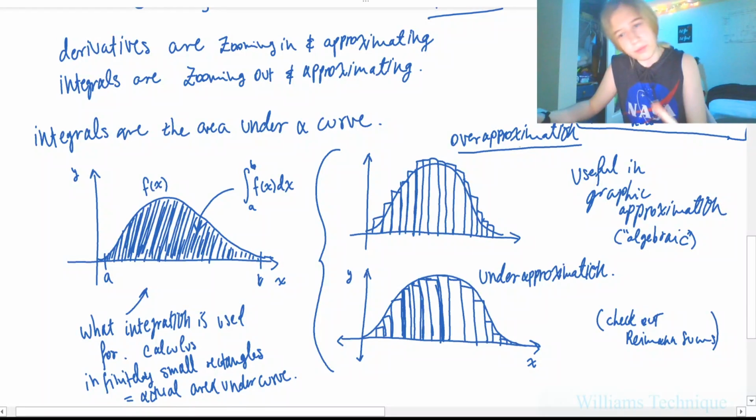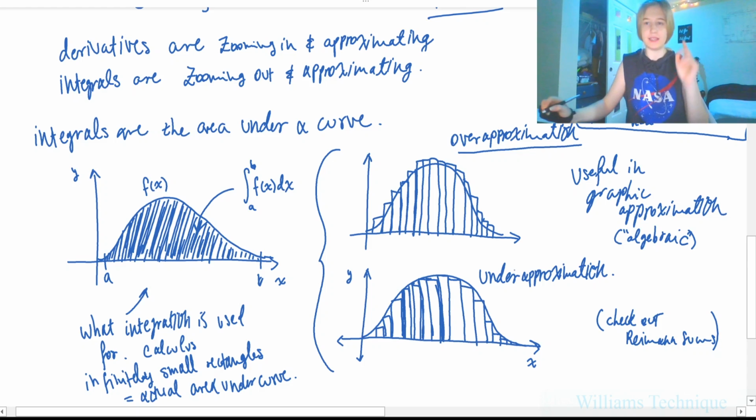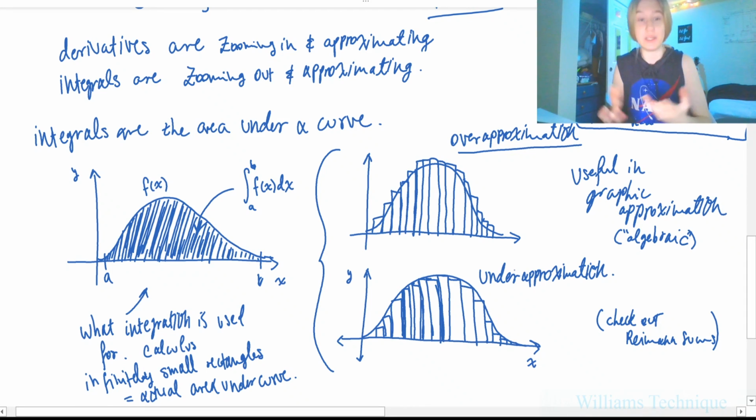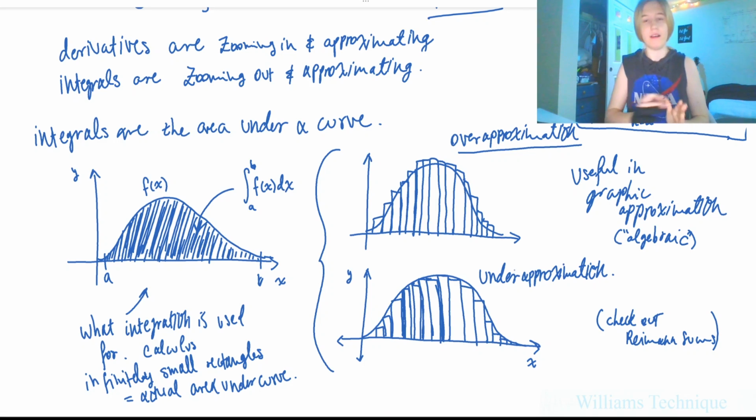But if we take the limit of the sum, we're able to fit infinite amounts of rectangles close together, and that wouldn't approximate the area, it would give you the actual area under the curve, because there are infinite rectangles able to go under the curve and give you the entire area.